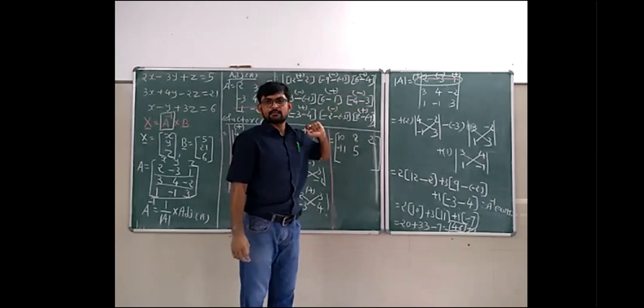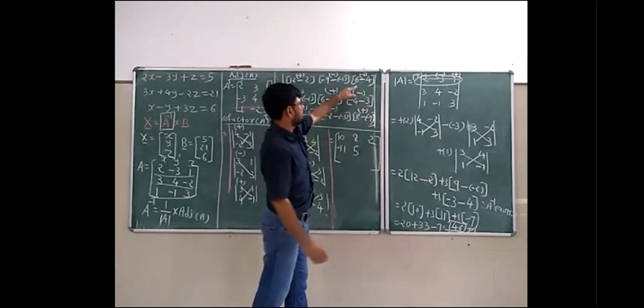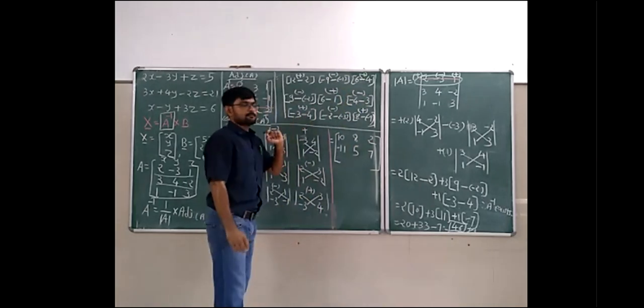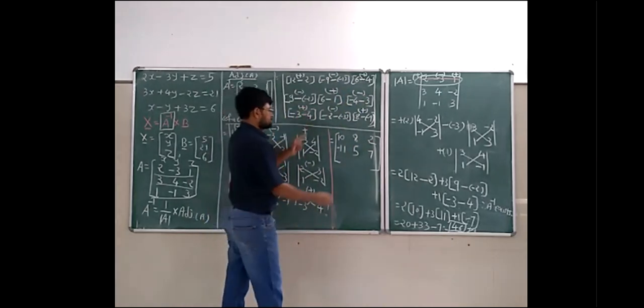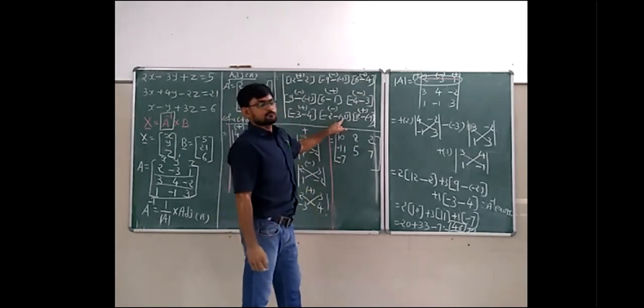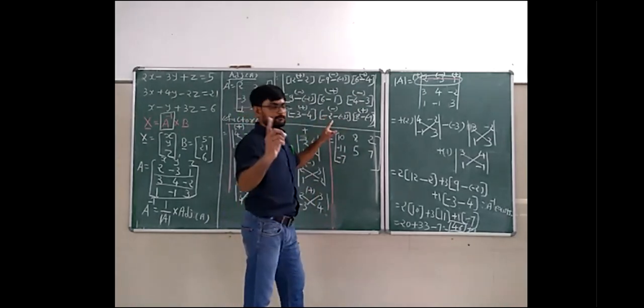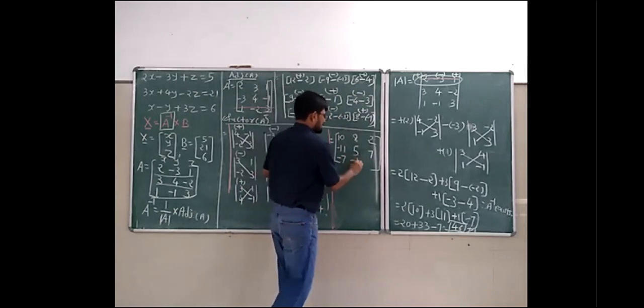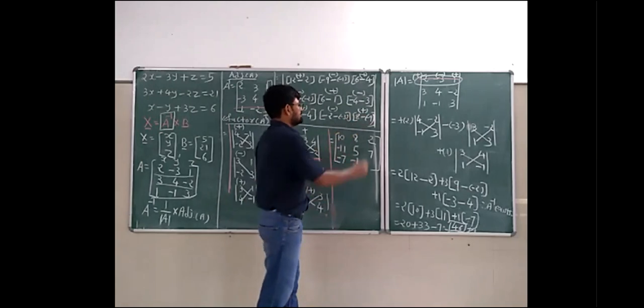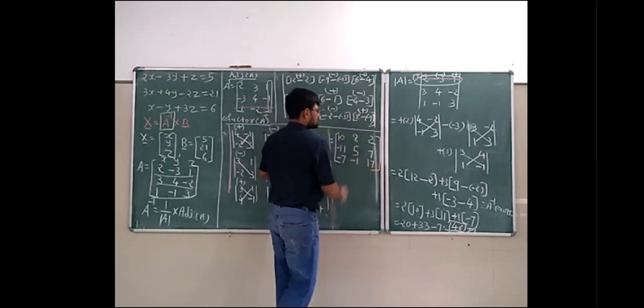Minus 4 minus 3, minus 7, minus minus plus 7. Minus 3 minus 4, minus 7, minus plus minus 7. Minus minus plus. So 3 minus 2, plus 1, but plus minus minus. Minus minus plus 9 plus 8, 17, and plus plus plus.